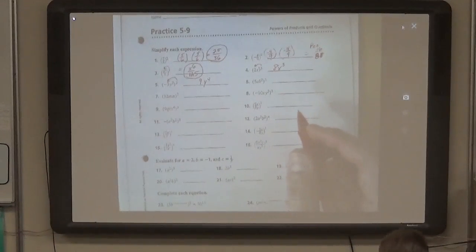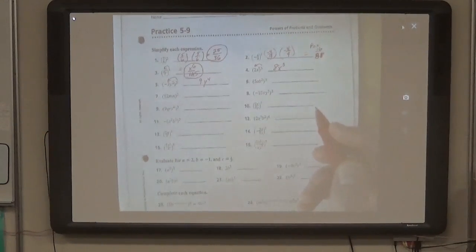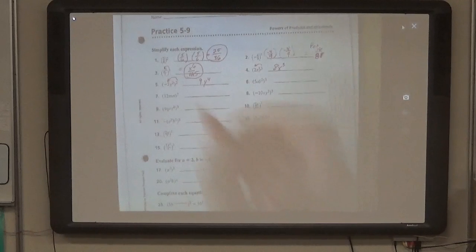Wait, why 9? 2 times negative 3... negative 3 squared. Yes, I get it. Okay? Any questions on this? There is 9.